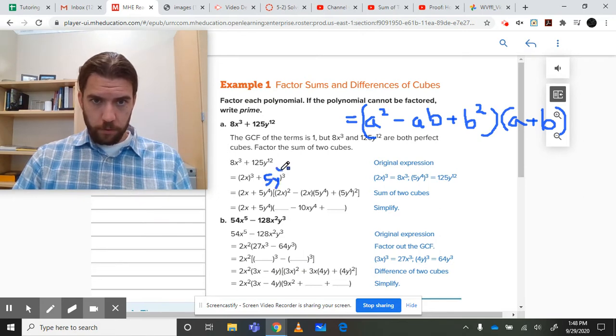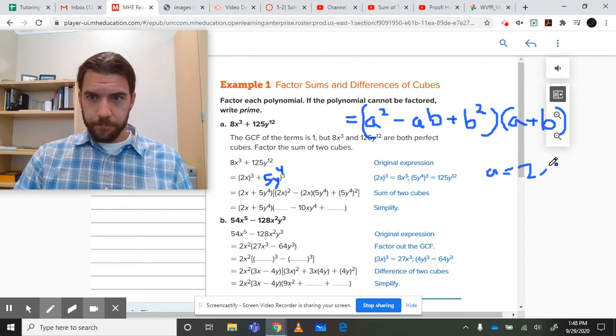The 4 to the 3rd power gives us the 12. The 5 cubed gives us 125. So now we have our a, which is 2x. B is our 5y to the 4th.